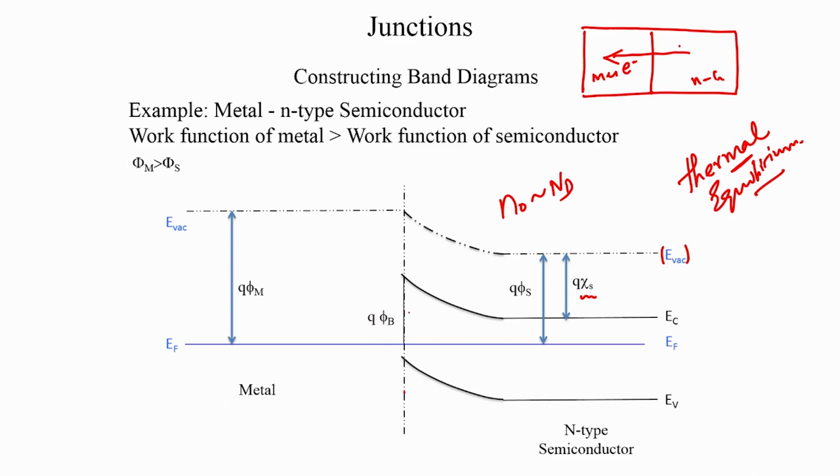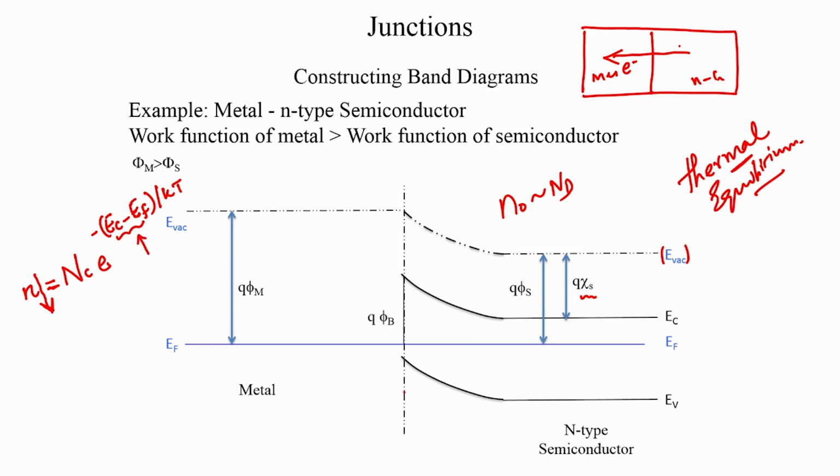If the semiconductor has lost electrons, it implies that the conduction band has moved away from the Fermi level position, because what is the electron concentration? It is Nc e to the power minus (Ec minus Ef) by kT. As this electron concentration goes down, Ec minus Ef must increase.